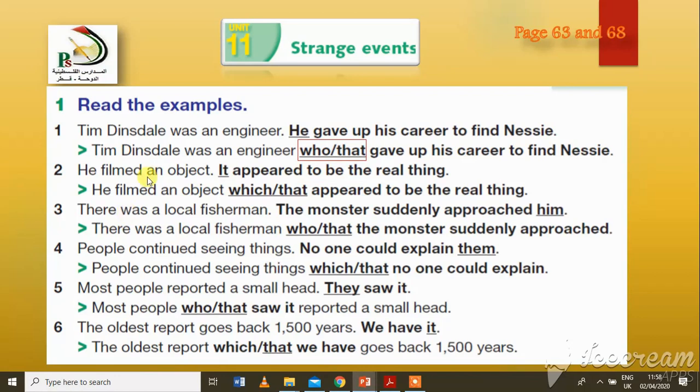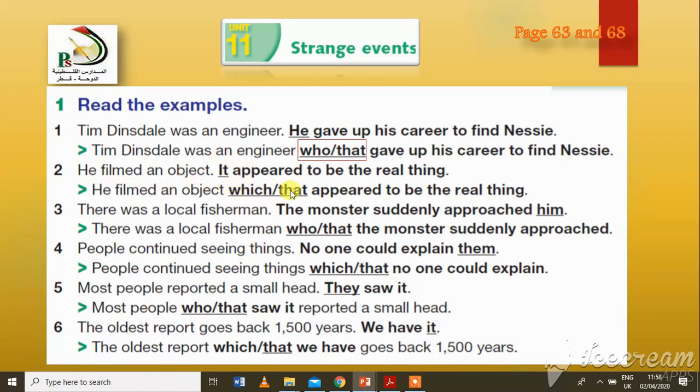Yes. Tim Dinsdale was an engineer who or that gave up his career to find Nessie. Now, who and that refers to Tim Dinsdale. He filmed an object. It appeared to be the real thing. It. We are not talking about he, we are talking about the object.